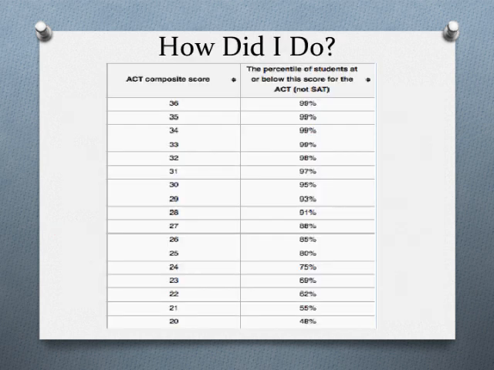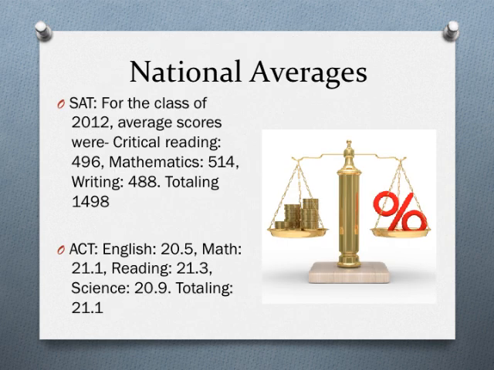Once you get your scores, you can compare yourself to the national average. The ACT composite score and percentile of students below are as follows. The national averages for the SAT for the class of 2012 were critical reading, 496, math, 514, writing, 488, totaling 1498.